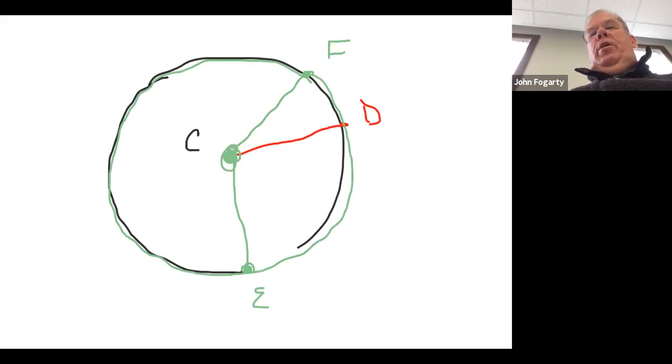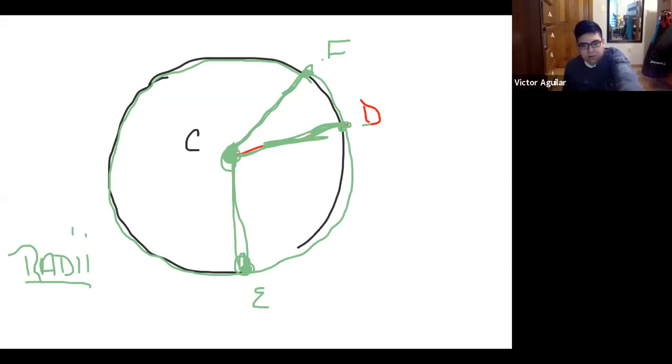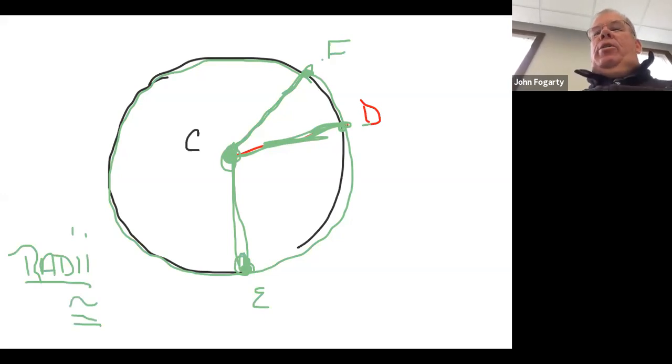So if this is one endpoint and it goes to D, and this goes to F, and this goes to E, I know D is the same distance from C as F is from C and E is from C. So what do you know about the measures of all radii of a circle? They're all the same. They're all congruent. So if I tell you CD equals 6 inches, what do you know about CF?